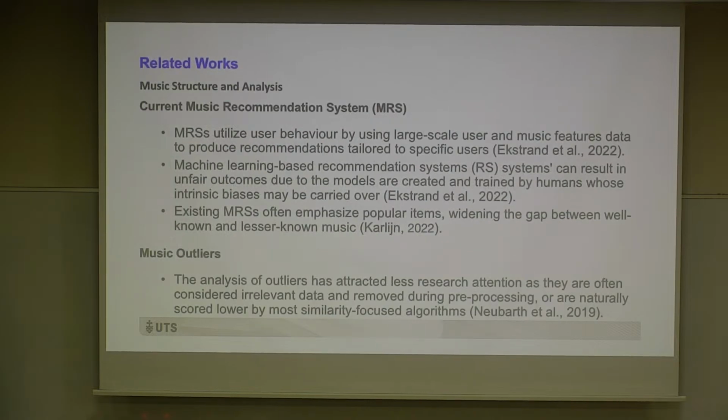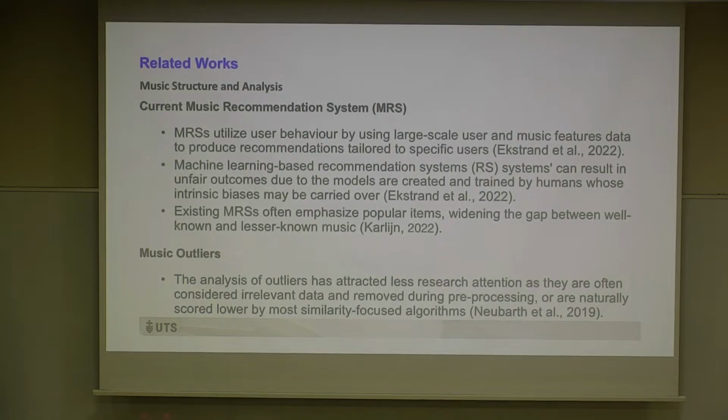So let's move on to the related work. Currently, music recommendation systems utilize users' behavior, using large-scale user and music feature data to produce recommendations tailored to specific users. Another study proposed that machine learning-based recommendation systems can result in unfair outcomes, because the model is created and trained by humans, which introduces bias that may be carried over.